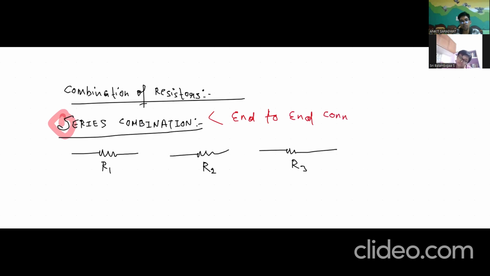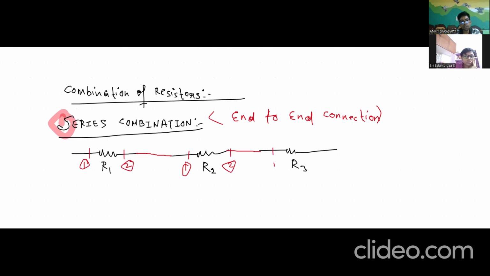Clear? Sir, I'm not clear with this, sir. I will explain, then only will it be clear. Until now I didn't start this topic. Series combination means end-to-end connection means, for example, this resistor, this resistor, this resistor, I simply connect like this. Can you see this? Just give the number one, two, one, two, one, two, like this.